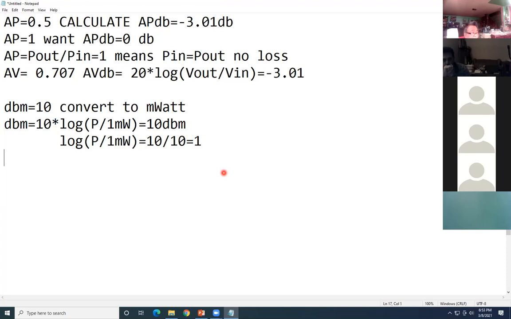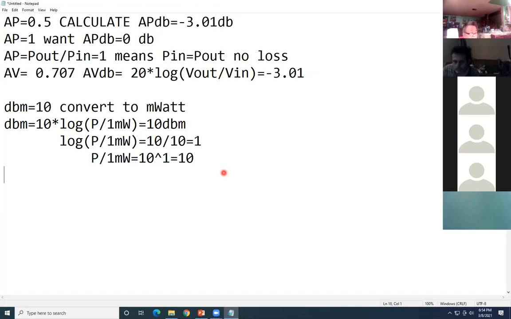Take the log out, so you get P over 1 milliwatt equal to 10 to the power of 1, equal 10.